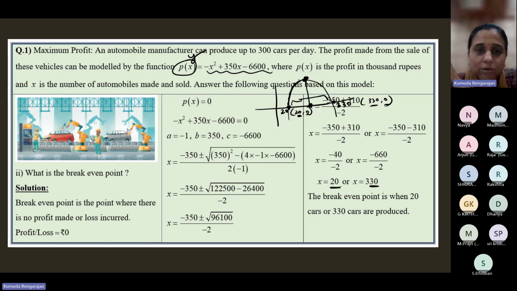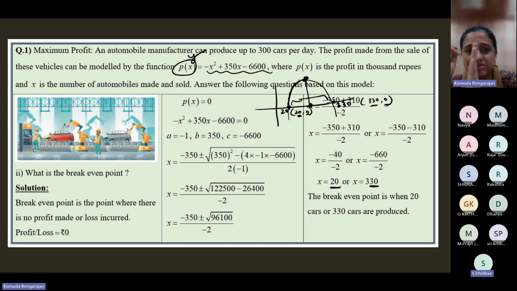The x-coordinate of the vertex will tell you how many automobiles have to be manufactured to get that maximum profit, which is given by the y-coordinate. Vertex is a point. A point has an x-coordinate and y-coordinate. The x-coordinate is the number of automobiles made and sold.